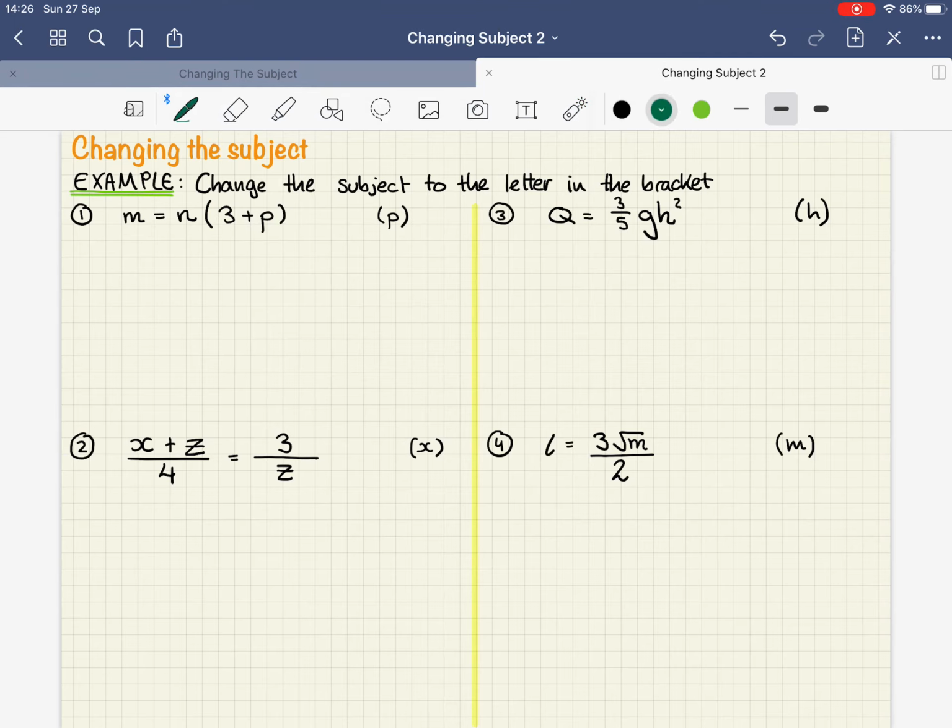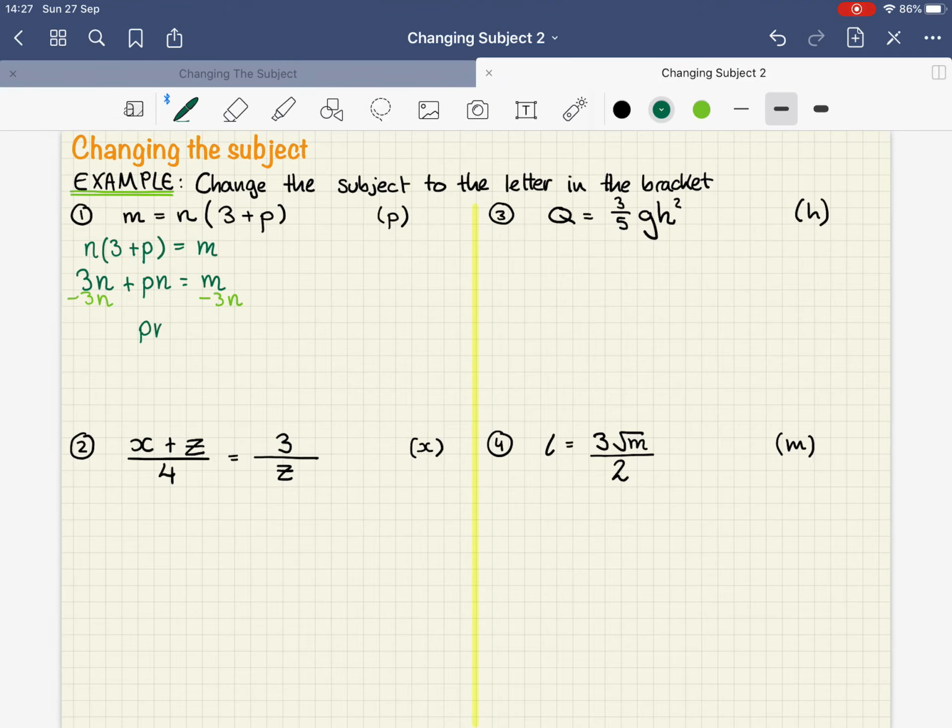So to start off with, I'm going to do my common sense line and swap them around. So I've got the n bracket 3 plus P equals m. First thing I want to do is expand that bracket. So I'm going to have 3n plus Pn equals m. Then I want to get rid of that 3n, so I've got to take it away.